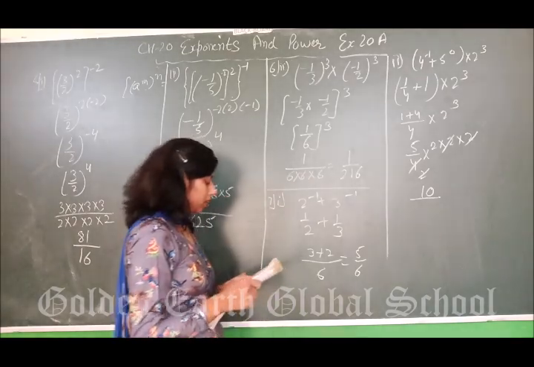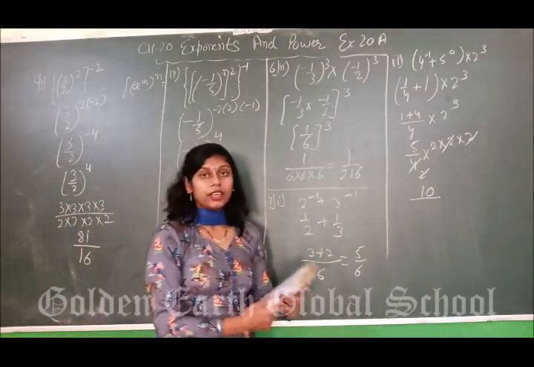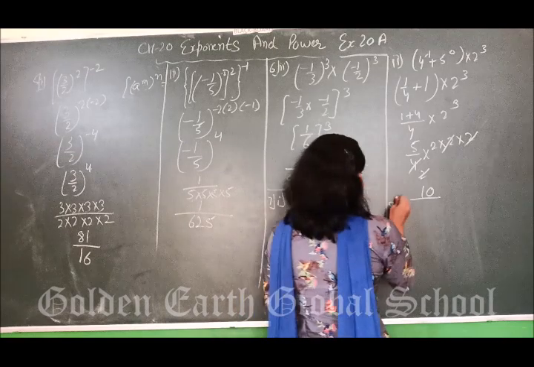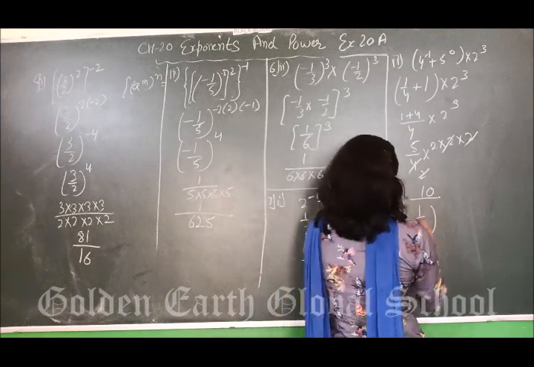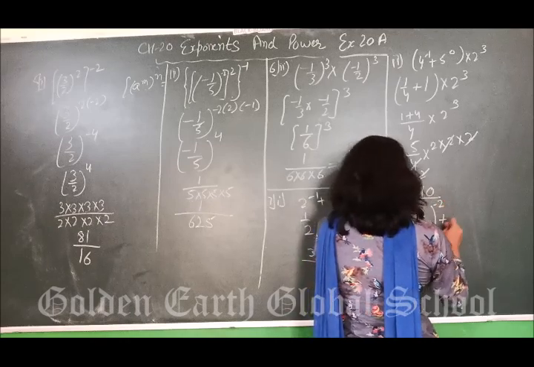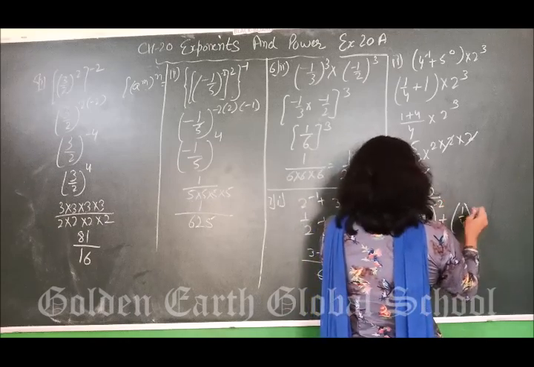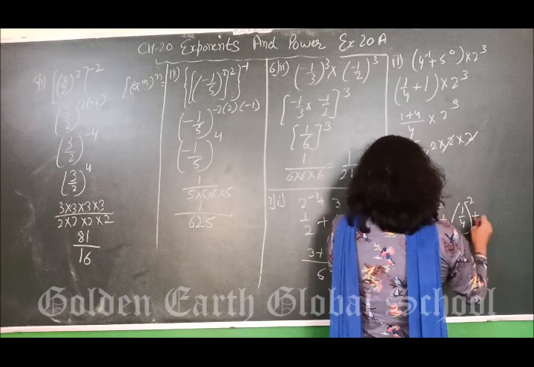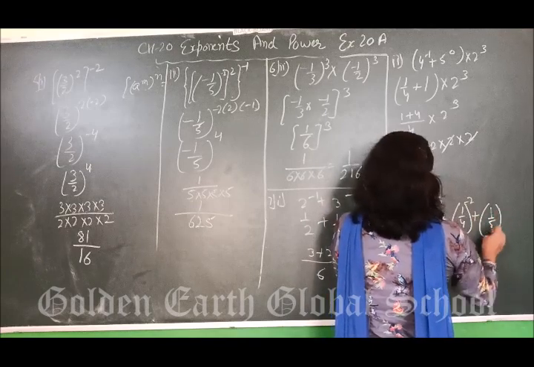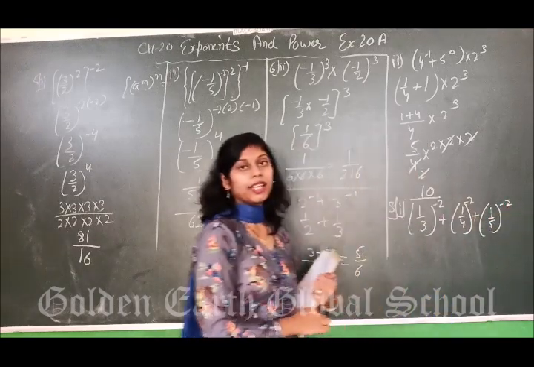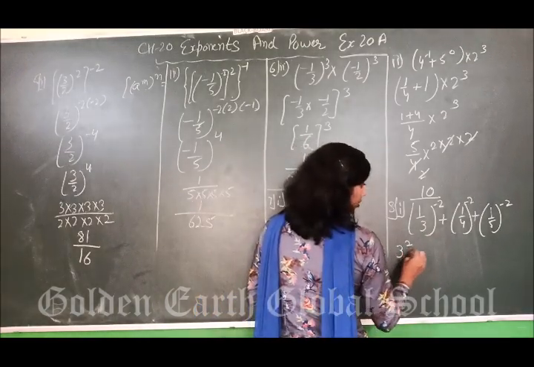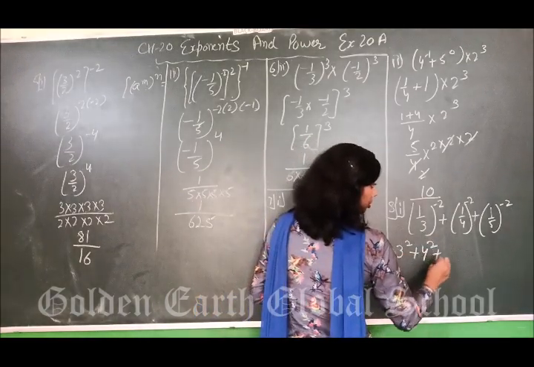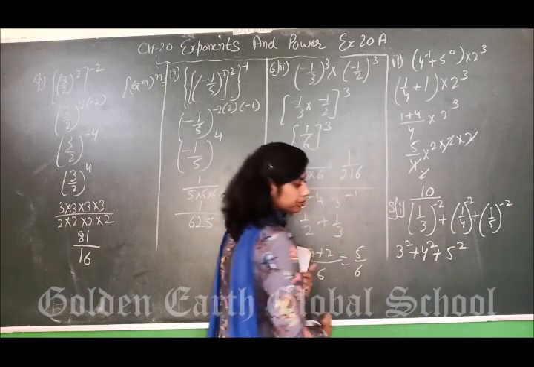First part. Again you have to take the reciprocal and then simplify it. First part is 1 by 3 raised to power minus 2, 1 by 4 raised to power minus 2, again 1 by 5 raised to power minus 2. First we take the reciprocal. Reciprocal of 1 by 3 is 3 raised to power 2, 4 raised to power 2, 5 raised to power 2. Clear?